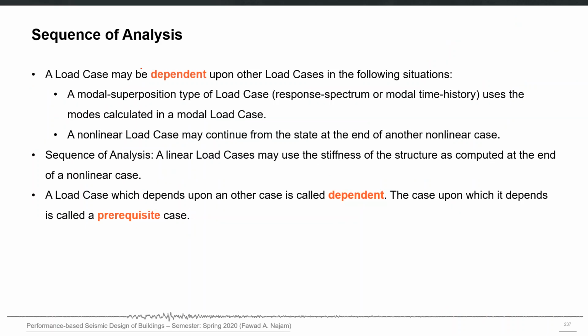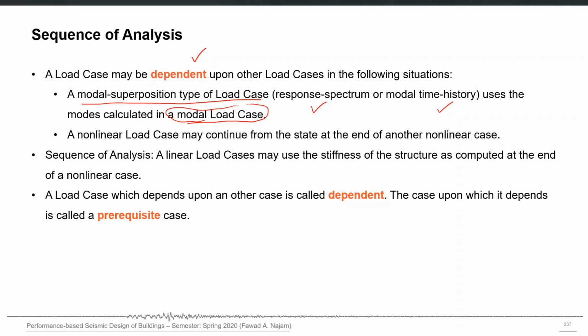The sequence of analysis which we have discussed earlier also, the load case may be dependent upon other load cases in the following situations. For example, a modal superposition type of load case, for example the response spectrum or modal time history analysis load case, uses the modes calculated in a modal load case. So in that case, this modal load case basically becomes the prerequisite for the response spectrum and modal time history analysis load cases.